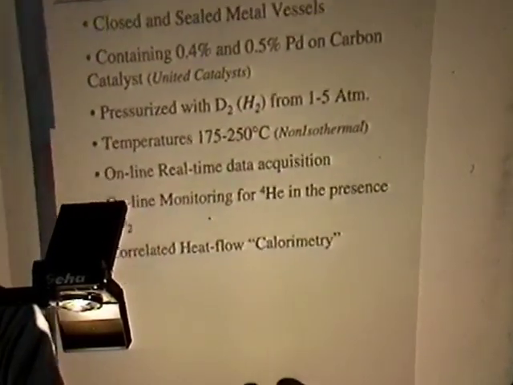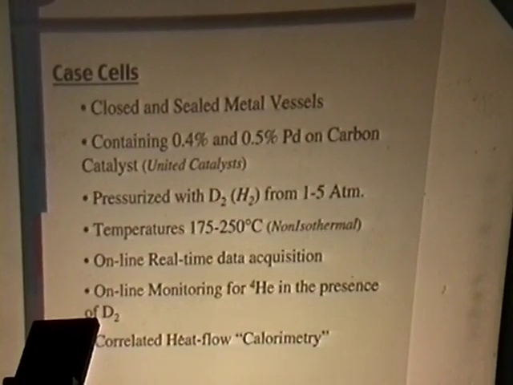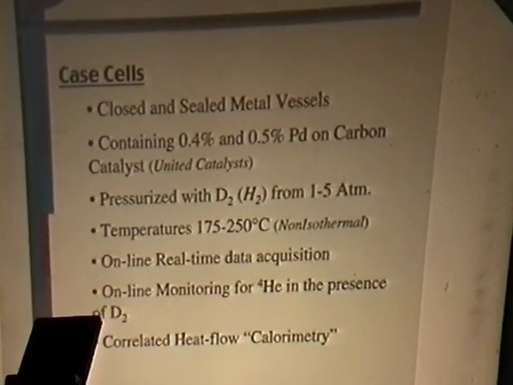The more recent experiments were performed closely in conjunction with Les Case and Russ George, at least initially. We developed some closed and sealed metal vessels into which we inserted a palladium on carbon catalyst, 0.4% and 0.5% palladium on carbon catalysts, immunized catalysts.